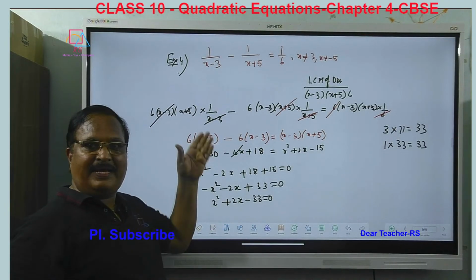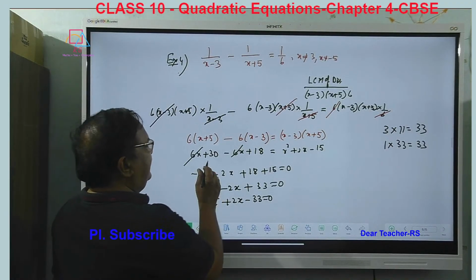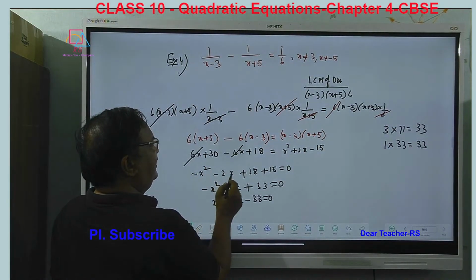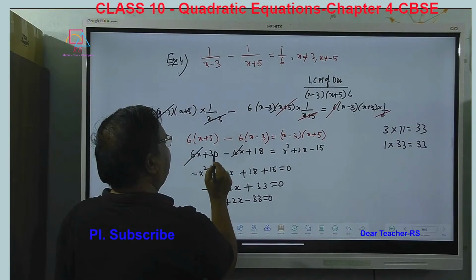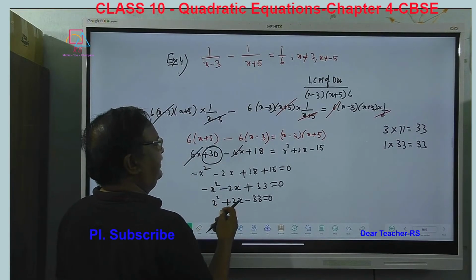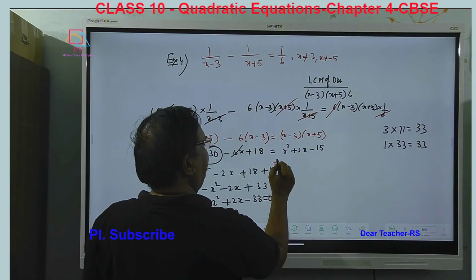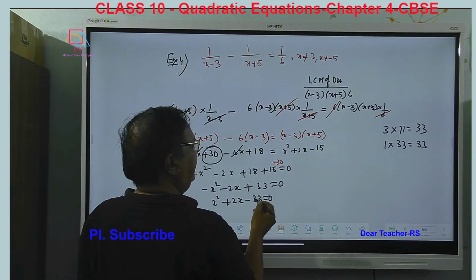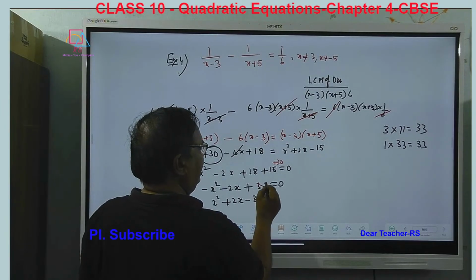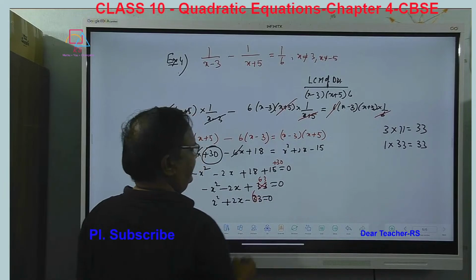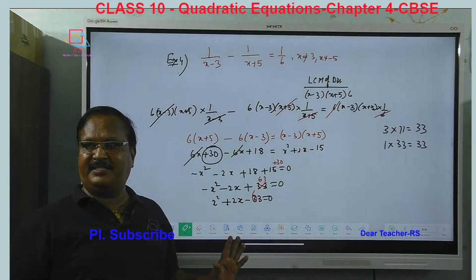Let me check my previous step. The x's cancel. So 18, I forgot this minus 30, so I will write here plus 30. That is the mistake. If I add this one, it will become 63. I got my mistake.